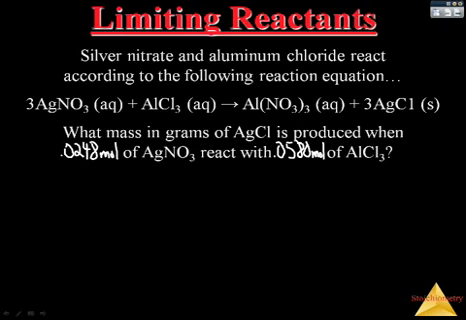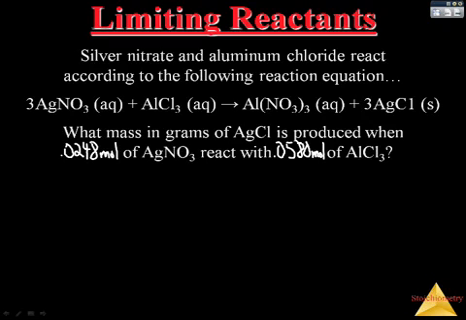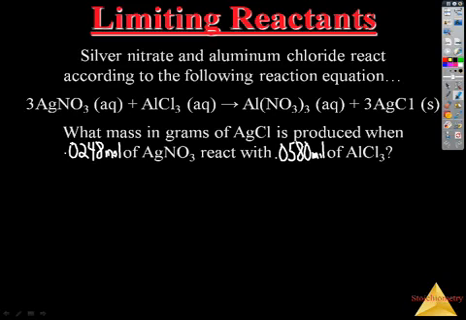Now, here's the good news. It turns out to be just another kind of conversion problem, and you work it just like you were converting feet to inches. Only the conversion factor that we'll use will be the stoichiometric relationship of the coefficients in the reaction equation. What is the relationship of these coefficients?